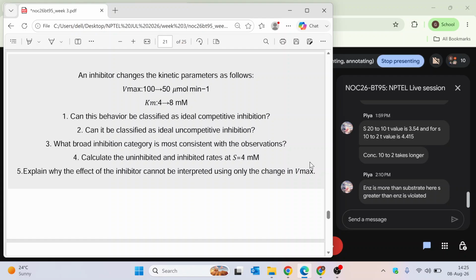Calculate the uninhibited and inhibited rates at S is equal to 4. So it's just direct application of V is equal to Vmax S by Km plus S. You have to apply the corresponding Vmax and Km value and then you will get the answers. Okay.